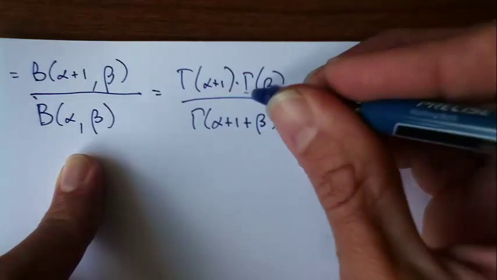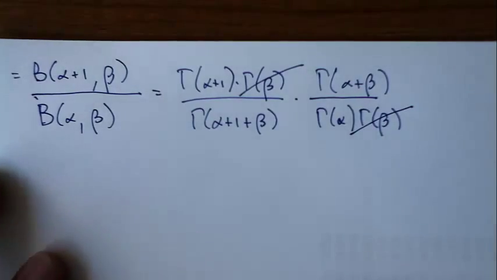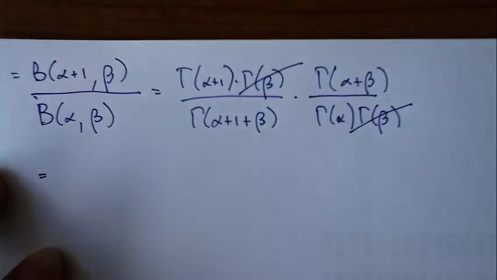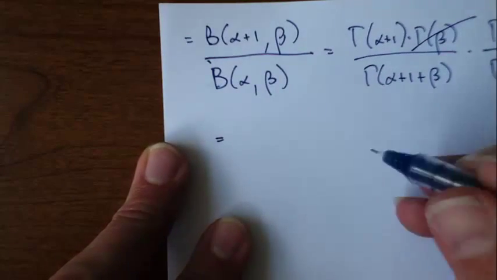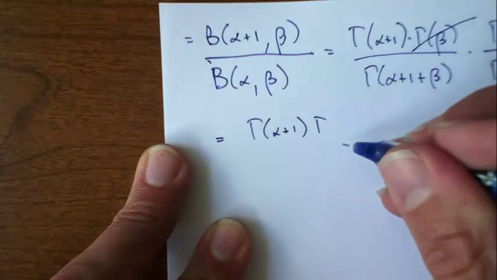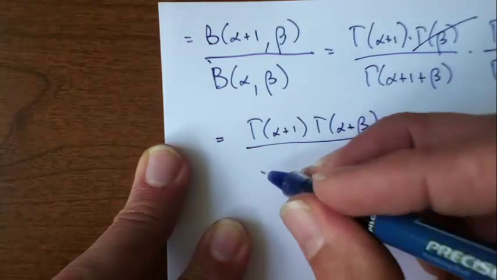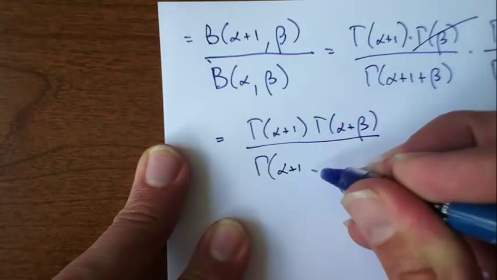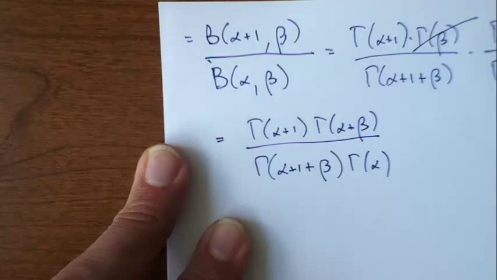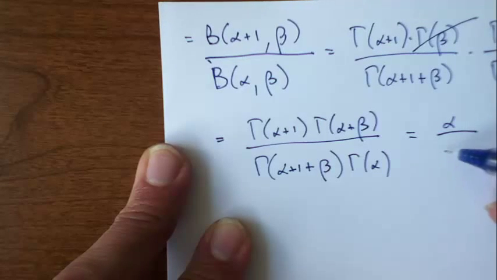Now look, these guys are going to cancel, and so this just turns out to be gamma of alpha plus 1 times gamma of alpha plus beta over gamma of alpha plus 1 plus beta times gamma of alpha, which you should see turns out to be alpha over alpha plus beta.